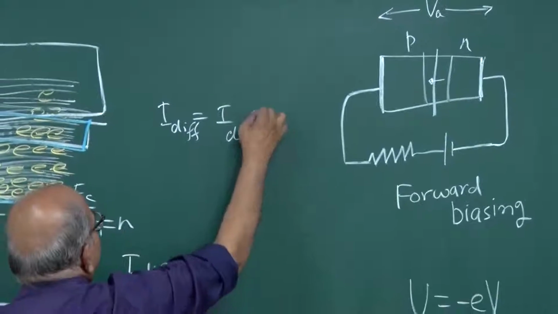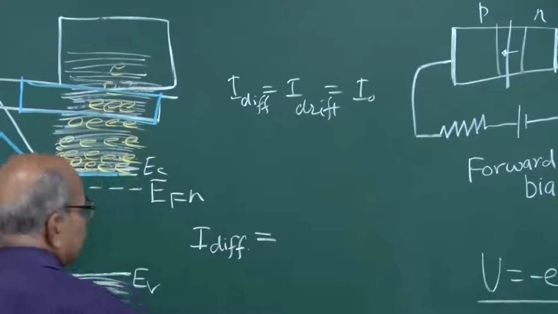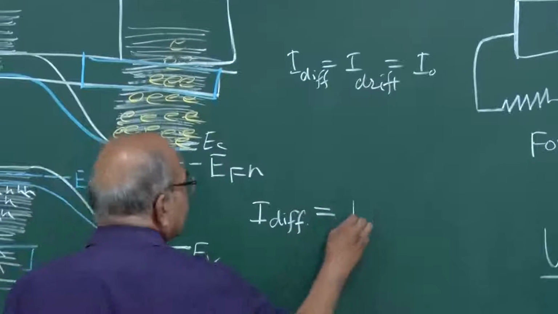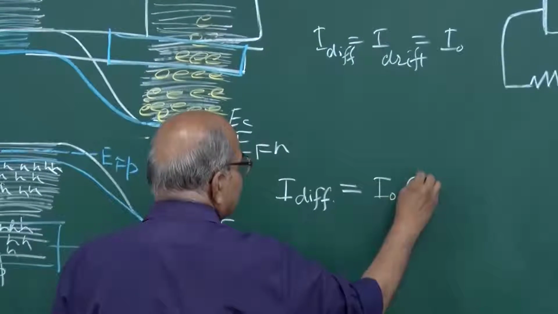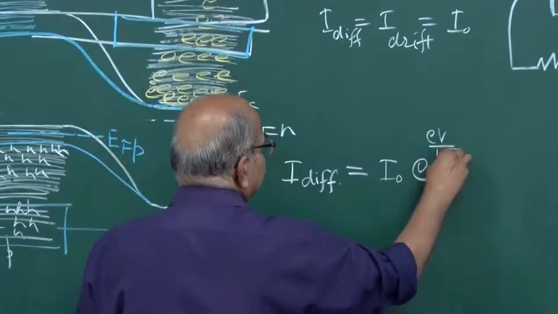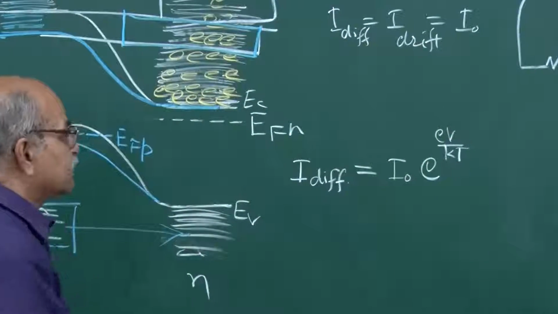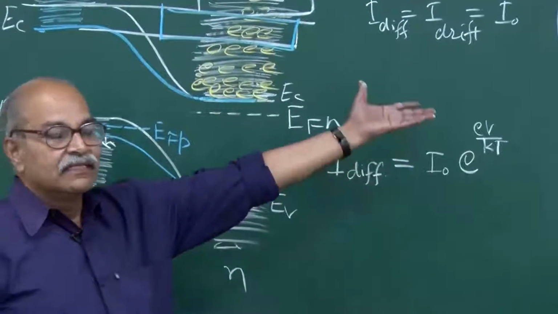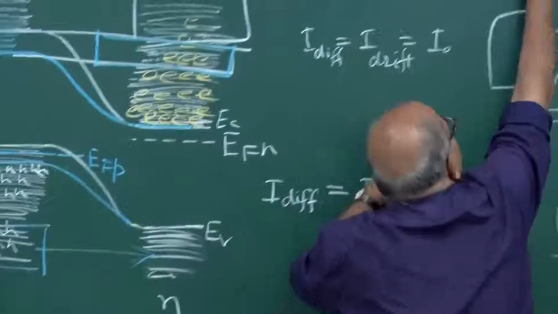If you call it I naught, then now the diffusion current is I naught multiplied by some exponential factor, which is in fact e power EV by KT. Diffusion has increased. This V is this V, VA.